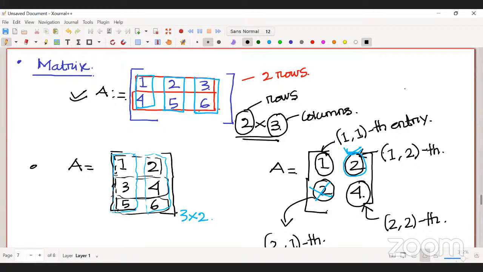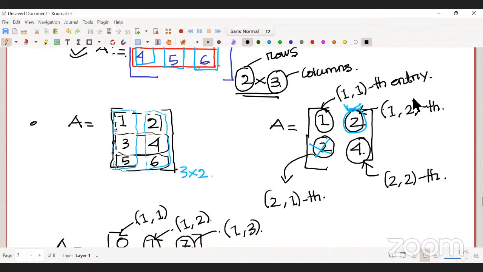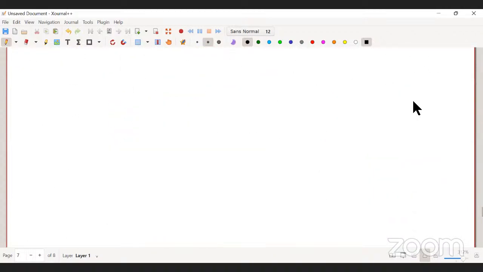In some matrices, the number of rows and number of columns coincide. There is a special name for this type of matrix: we call it a square matrix. A square matrix is a matrix where the number of rows and the number of columns are the same.